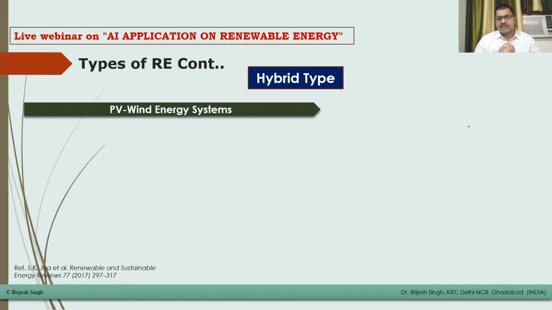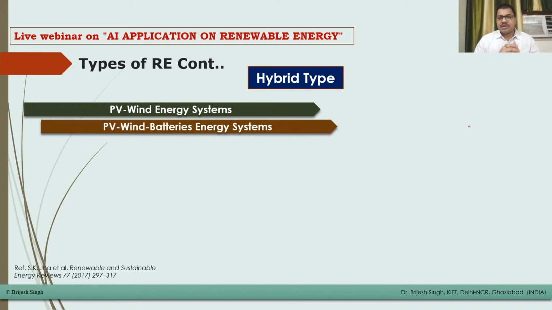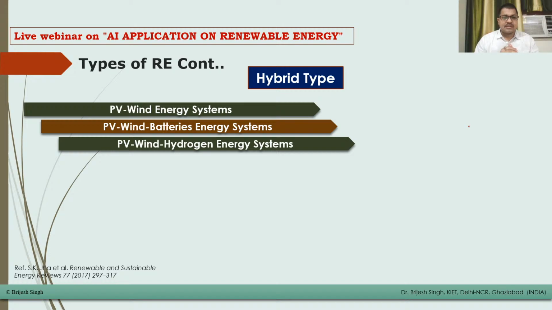The most popular kind is the integration of the PV system with the wind energy system. Some researchers have also added a battery as storage, so PV, wind, battery is one example of a hybrid system.